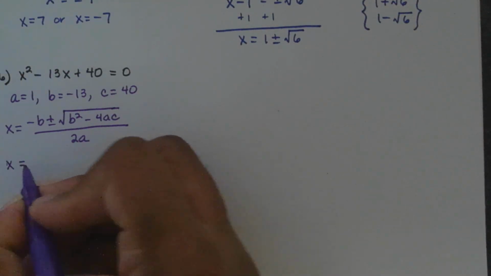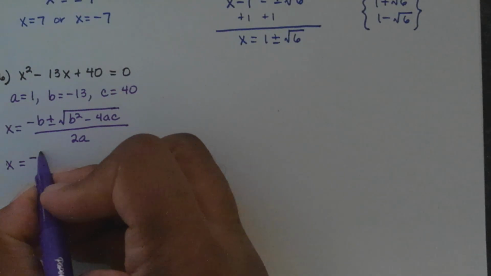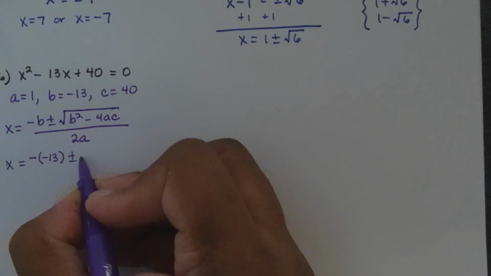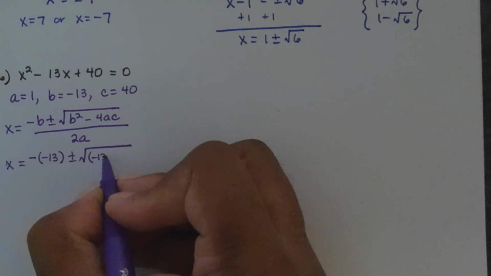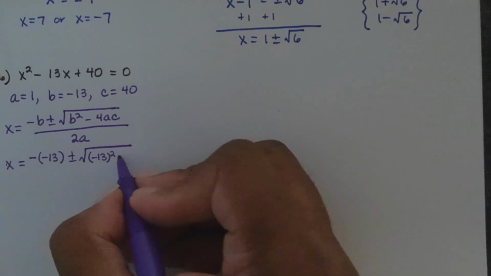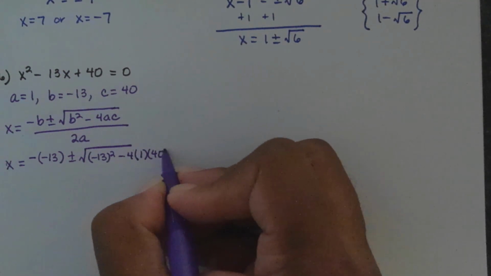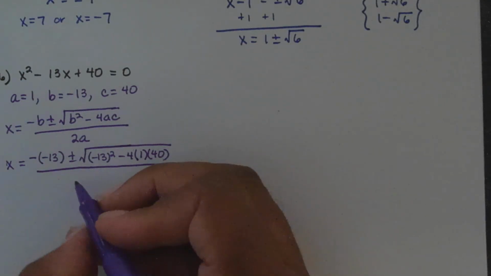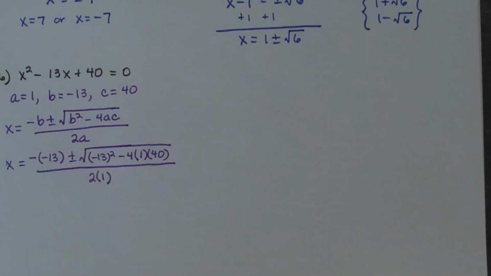Bring this x down, that's equal to, b is negative 13, and I've already got the negative in front, so it'll be negative of negative 13 plus or minus the square root of, b is negative 13, and that's squared, minus 4 times a, which is 1, times c, which is 40. And all of this is divided by 2 times a. And a is 1, so it'll be 2 times 1 in the denominator.